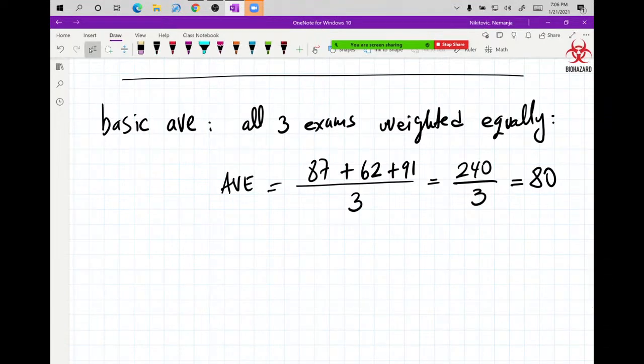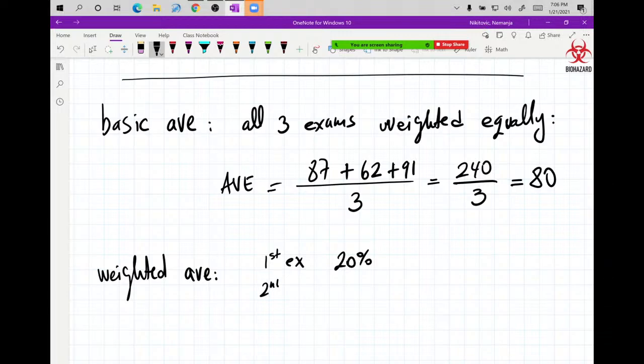But we can also have the weighted average. And this is where your first exam is weighted, let's say, we can do the increasing thing. So first exam is 20%, second exam is 30%, and the third exam is 50% of the grade, right?